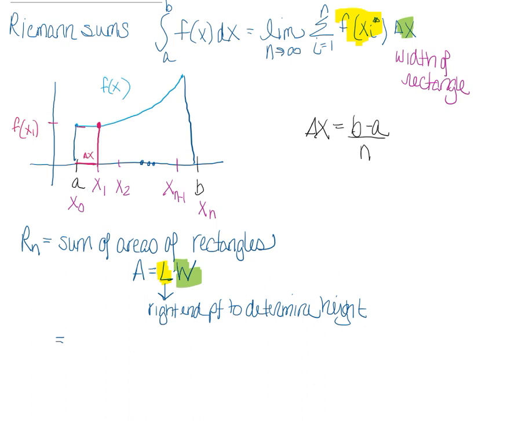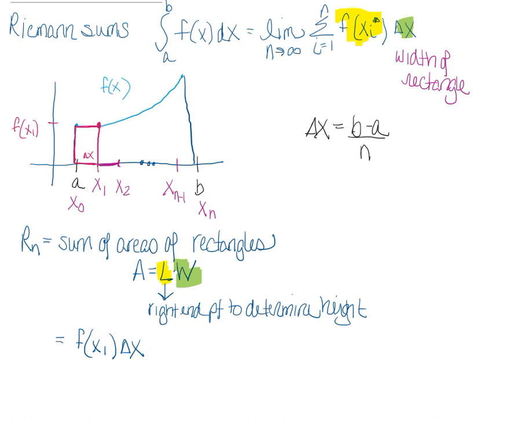So this rectangle almost looks like a great fit, but it's probably not. The area of it is going to be f at x1 times delta x. That's rectangle 1. Then we're going to repeat it. We're going to go to the second interval between x1 and x2, and once again we're going to use x2.